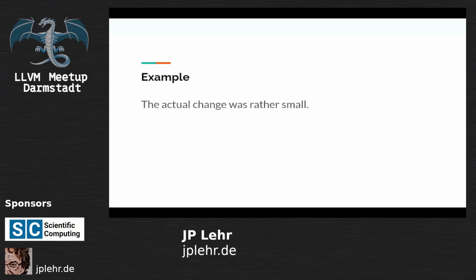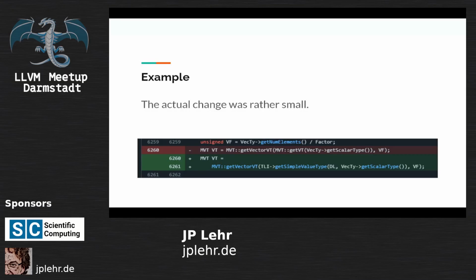And the actual change that I did in the PR that fixed the issue was kind of small. Instead of getting the scalar type from the vector type, we now get the simple value type of the scalar type, but we also give it the data layout. Apparently that's the bug: in the code gen, it was mentioned that for the specific thing that was fixed, there should always be a data layout attached, because it was about pointer types, and pointer types are different depending on the architecture.